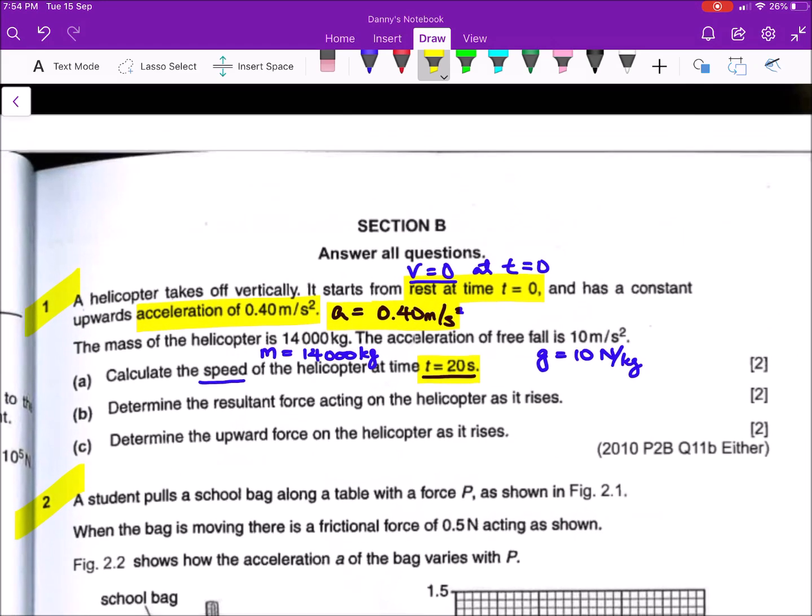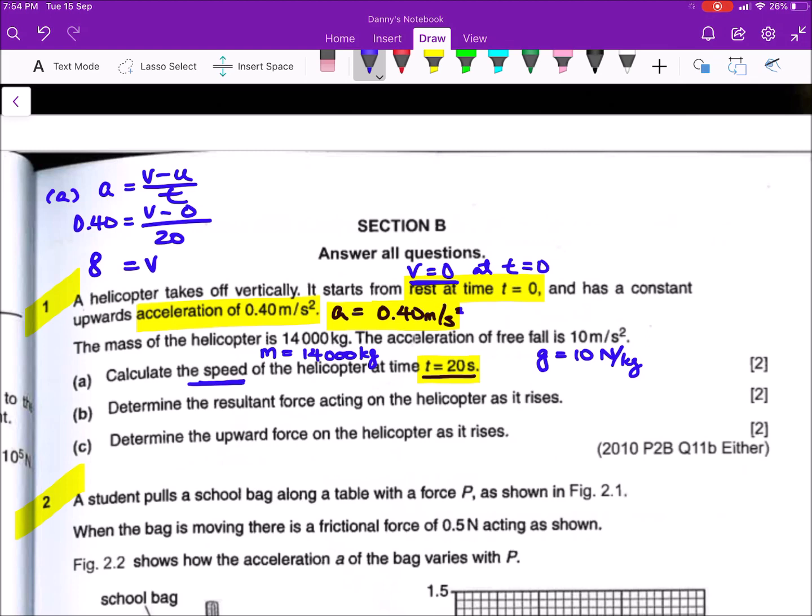So very easily I can do an equation, a equals to v minus u over t. Your a is 0.40, your v is the unknown because you want to find the final speed, and your u is 0, so that's your initial speed. 20 seconds has passed, so your v is just 20 times 0.4, and I think the answer is 8.